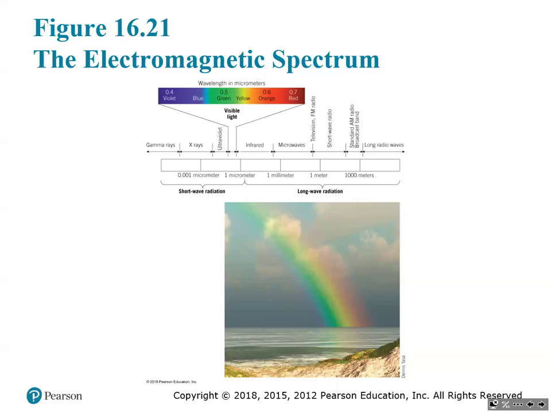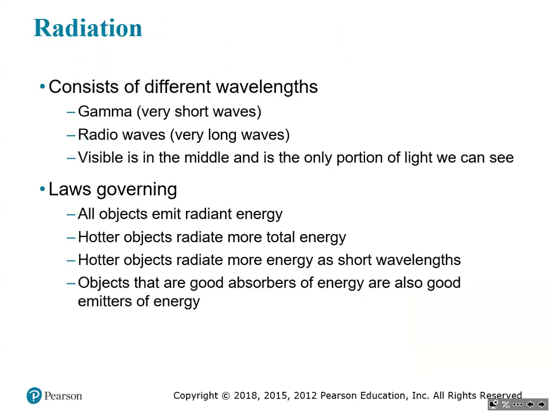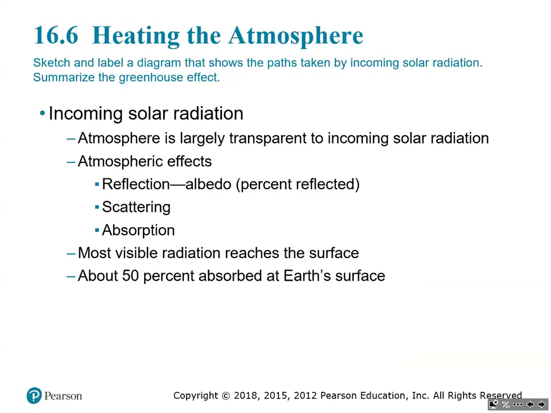The shorter wavelength stuff gets absorbed in the atmosphere. It gets absorbed by the earth, and it's re-emitted in the infrared. So the heating of the atmosphere comes from incoming solar radiation. And the atmosphere is largely transparent to incoming solar radiation.